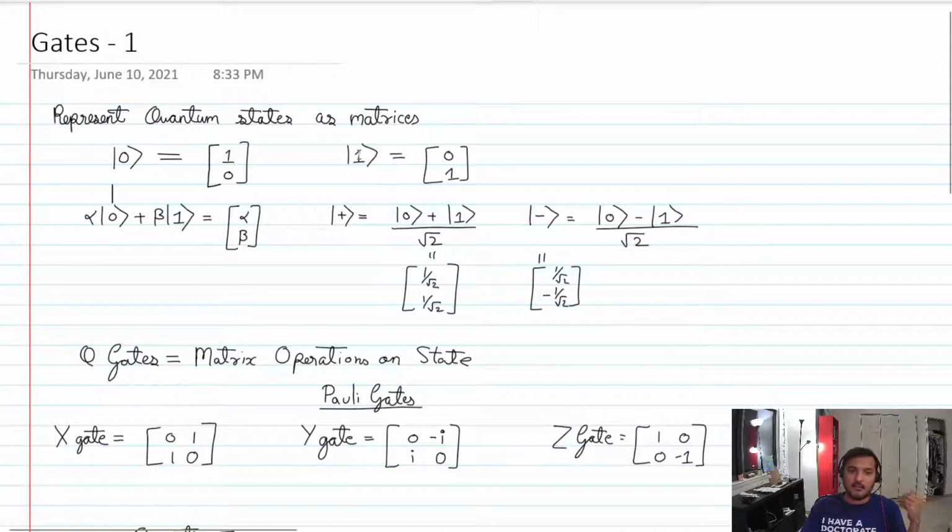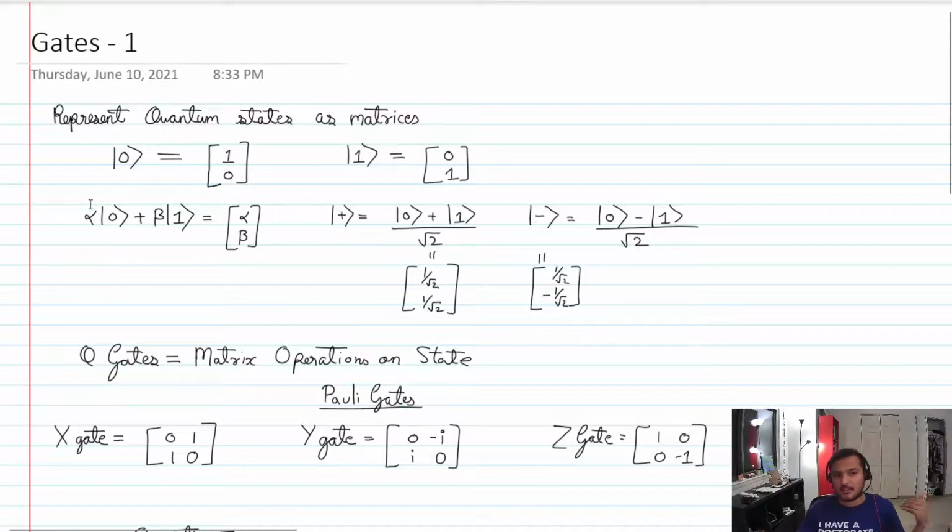And the state 1 could be represented as 0, 1. Mathematically, this forms the basis of all 2 by 1 matrices. That's the mathematical term for it, but don't worry about it. Just this is the representation of the 0 state, and this is the representation of the 1 state.